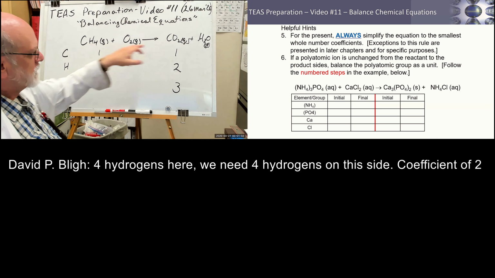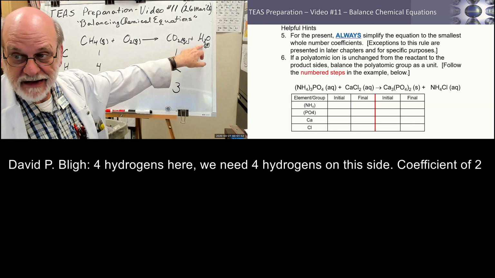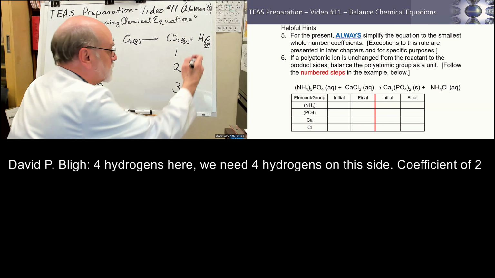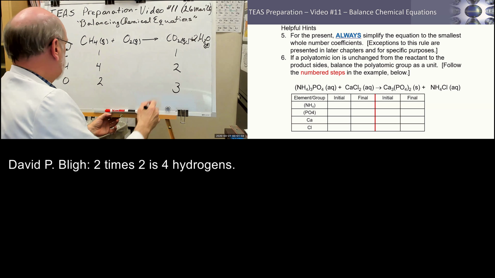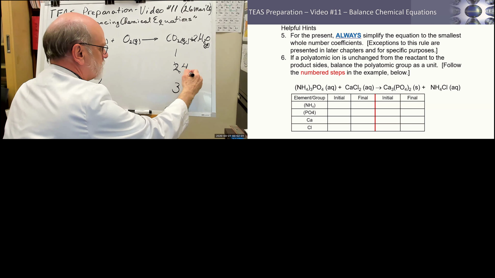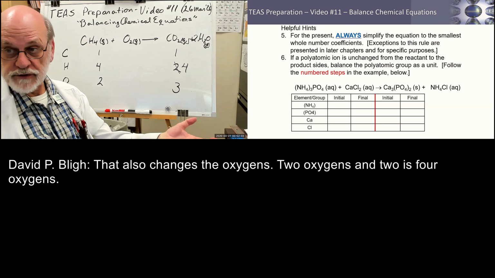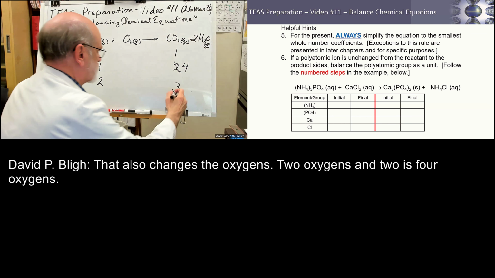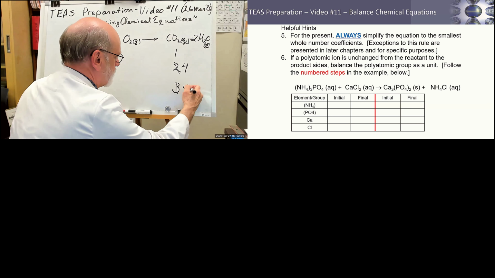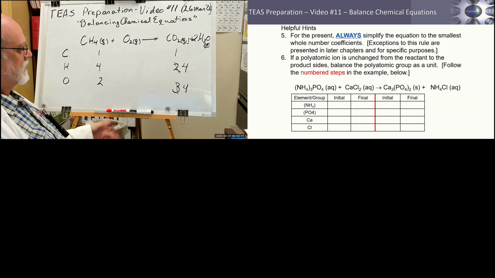4 hydrogens here. We need 4 hydrogens on this side. Coefficient of 2. 2 times 2 is 4 hydrogens. That also changes the oxygens. 2 oxygens and 2 is 4 oxygens. Okay?